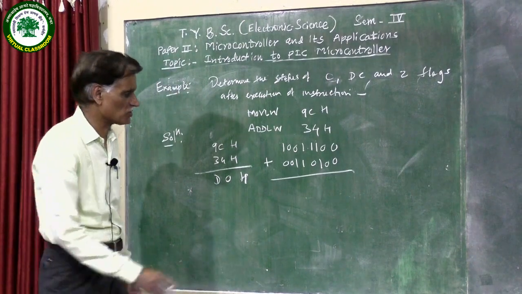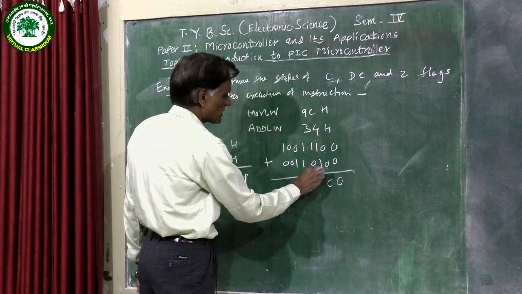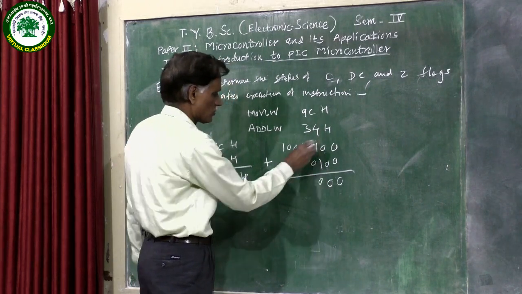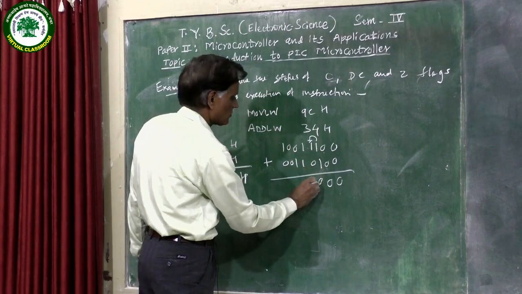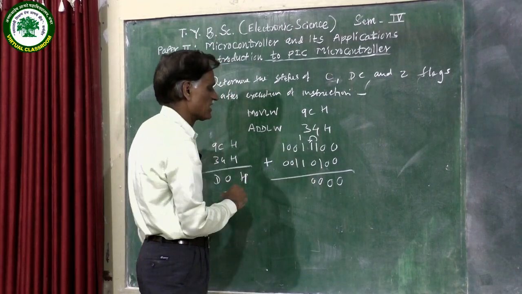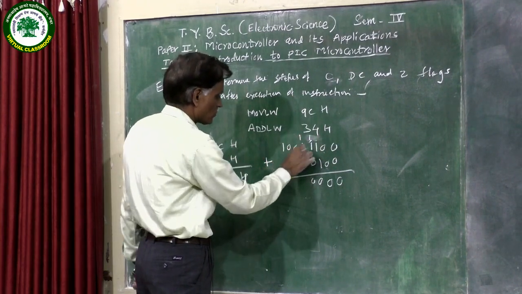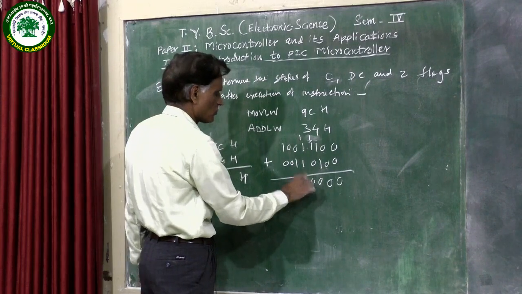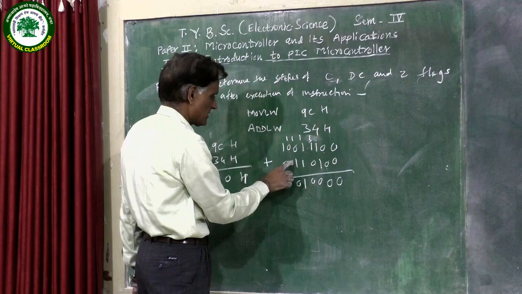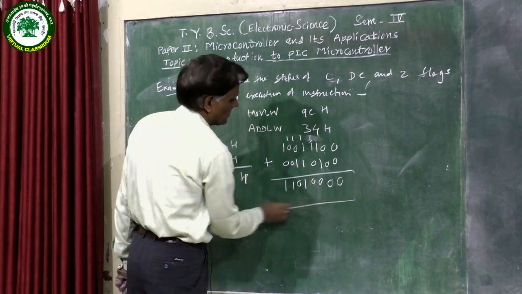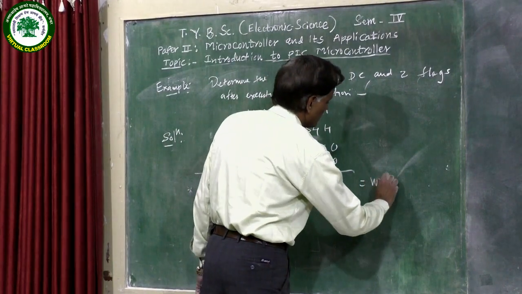Now if you do this addition, 0 added with 0 gives 0, here again 0, 1 added with 1 gives 0 with a carry, 1 added with this carry again gives 0, here there is a generation of carry 1, here 1 plus 1, 1 0 plus 1 gives 1 1, here there is a carry 1 plus 1, 0, there is a carry 1 and here 1. That means this is the result which is generated in the WREG register.